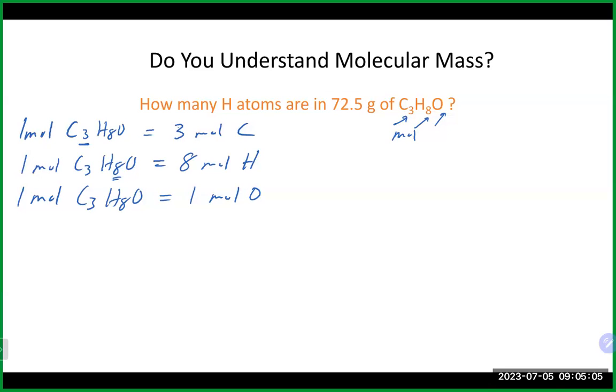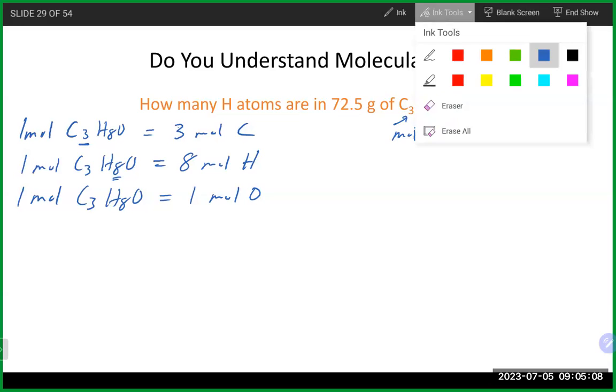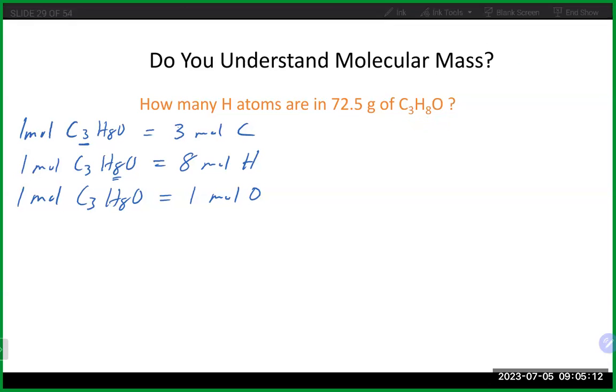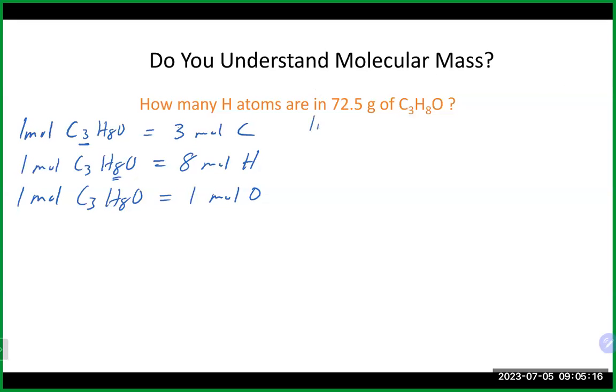So for example, here, you could write for the first one, 1 mole of the entire thing gets us our 3 moles of carbon, or you could flip it around, 3 moles of carbon up on top, 1 mole of the entire thing. So obviously you could do that for the entire thing.